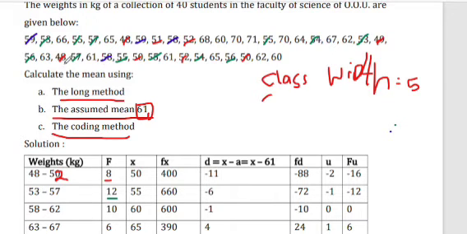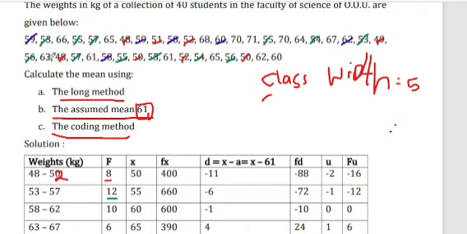Sorry, 58 to 62. So we have 1, 59, 58. 60 is part of it, because 60 is inside 62. 60, 60. Okay, I have 62, part of it.